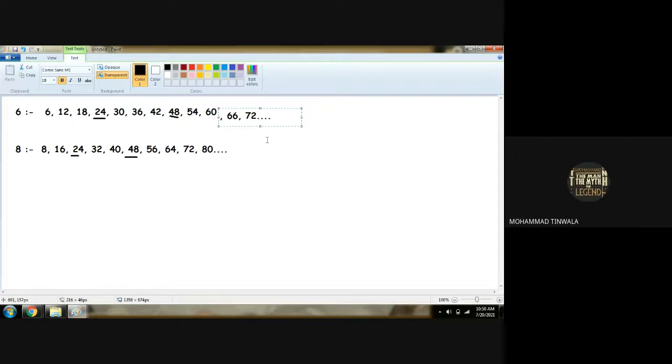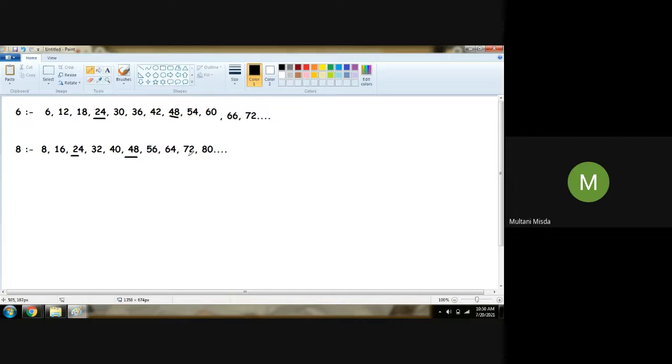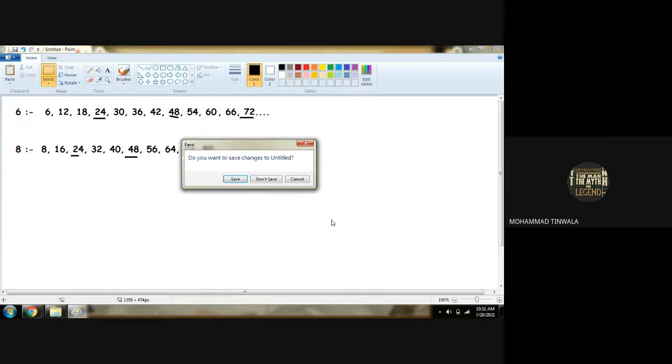So we got 72 as a common here. We have to get only three numbers. So the three common multiples are 24, 48 and 72. Does anybody have any doubt with this? No, sir, no doubt.